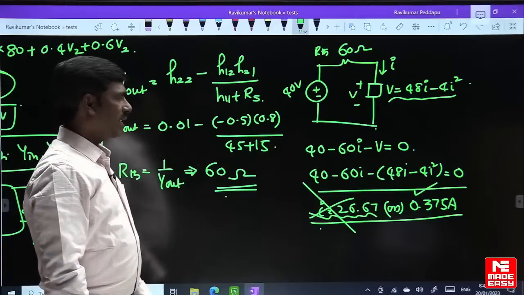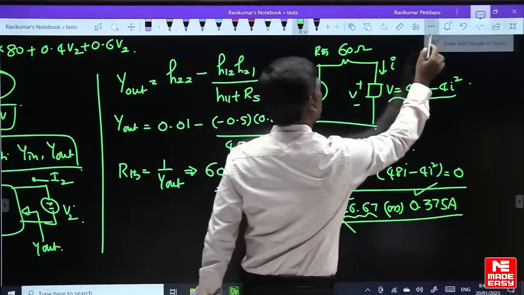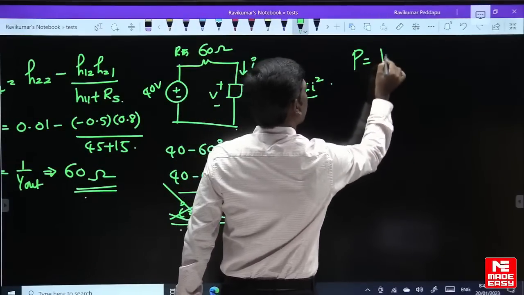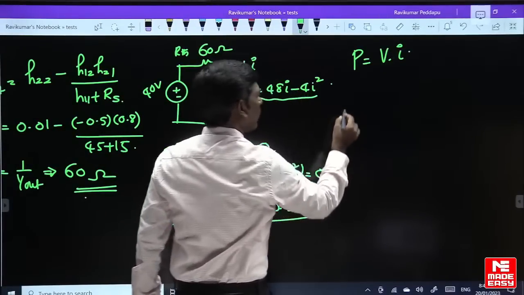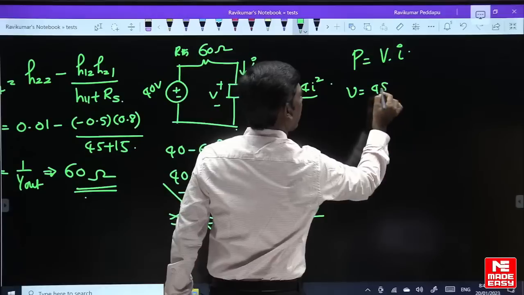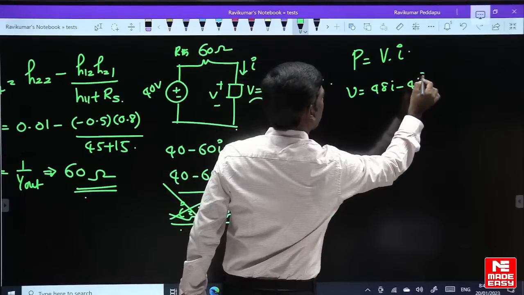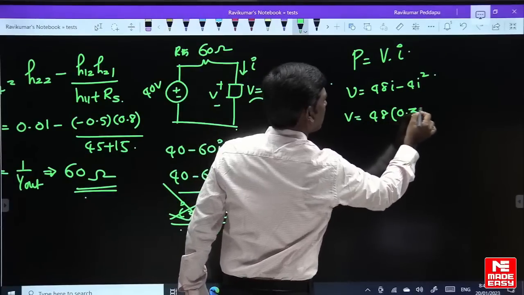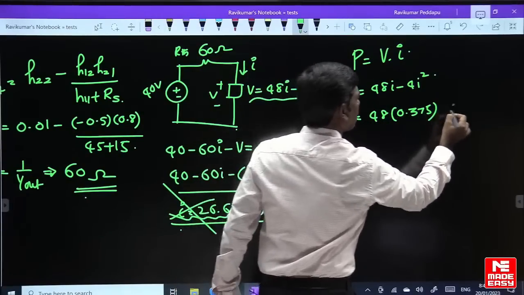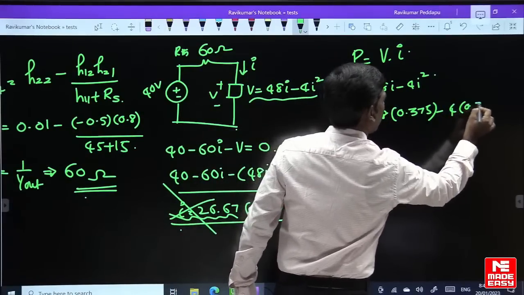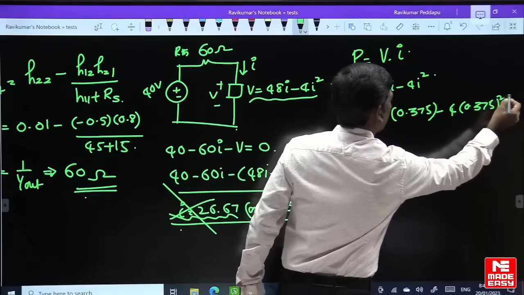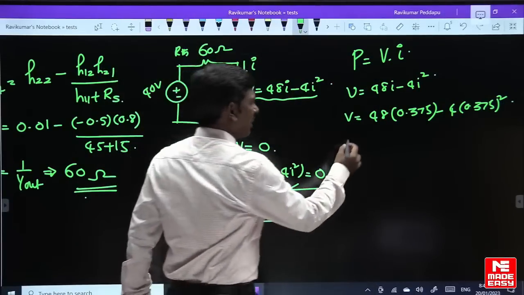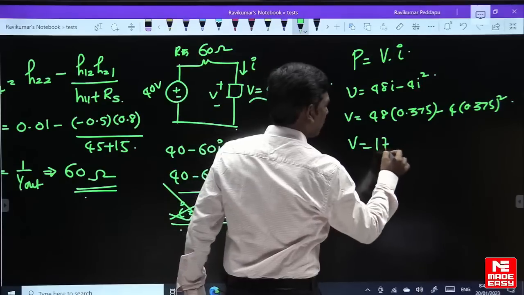Now what is the power? Power P is equal to V into I. What is the voltage? V is equal to 48 I minus 4 I square, which is 48 into 0.375 minus 4 into 0.375 whole square. We are getting 17.34 something.